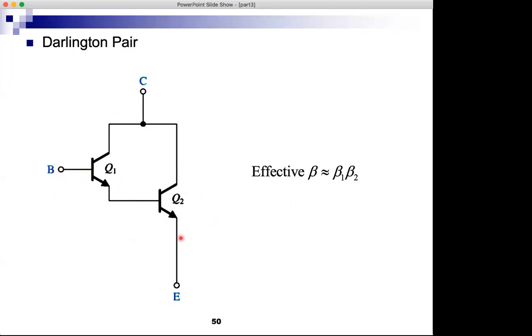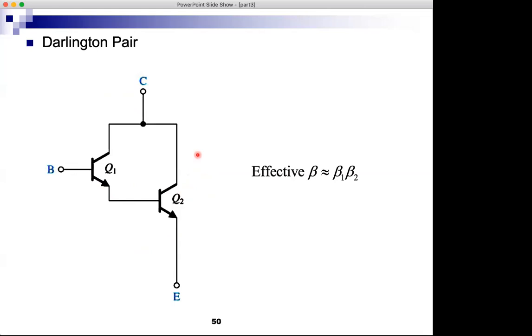So this becomes like a BJT with a very, very large beta. If you need a BJT with a very, very large beta, you can build it from two transistors connected in this fashion and consider the two together as one super beta BJT.